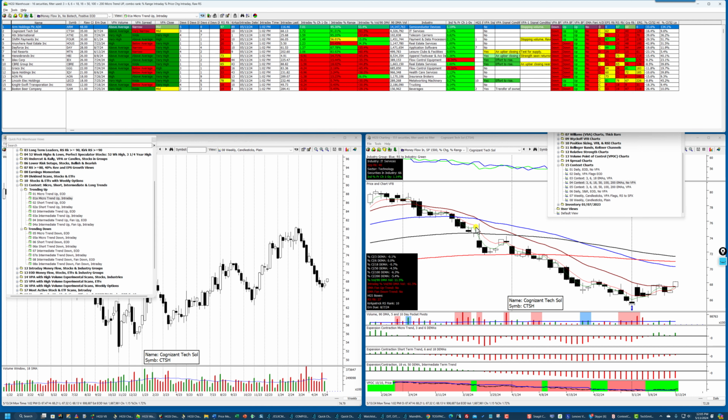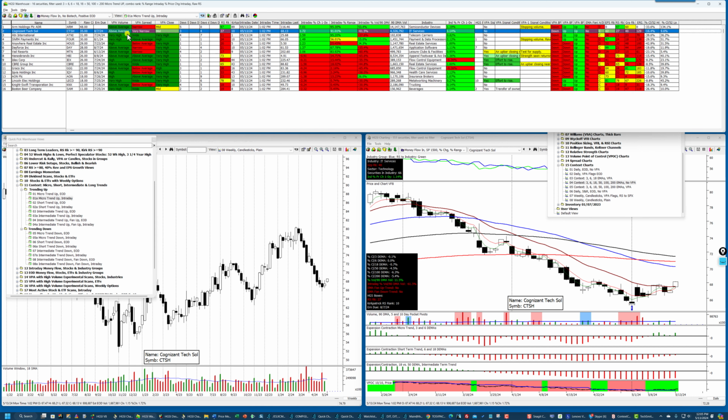Even though they've crossed over, they haven't crossed over enough that the 6 and 18 moving averages have crossed over. The 18 is a brown line, and the 6 is on it today, but this is as of Friday. It hadn't crossed over. Let's just look at another one. I'll just go down to Cognizant, the next one. This crossed over 4 days ago, and the VPOC crossed over 5 days ago, or volume point of control. And well, let's just bring it up.